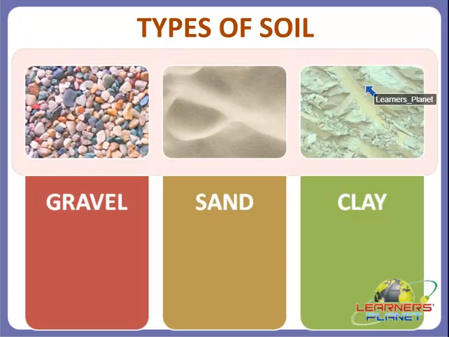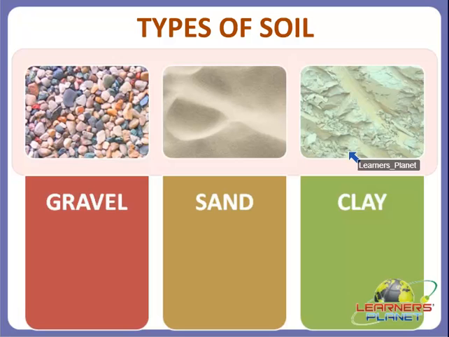Yes, we can see here there are 3 main types of soil. So children, there are mainly 3 types of soil depending upon the size, feel and color of the soil particles.